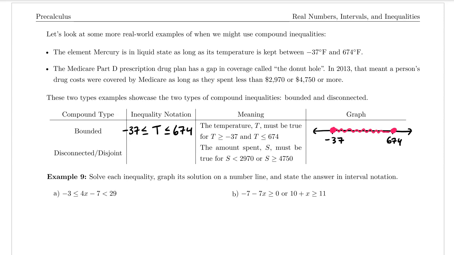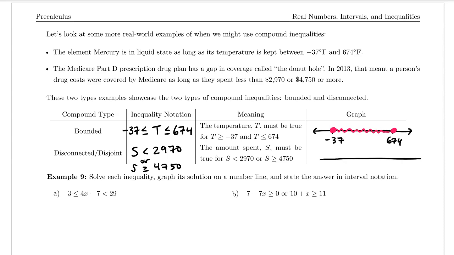And in the table, if we put that in inequality notation, we would write S, if that's the cost, we would say S is less than 2,970, or S is greater than or equal to 4,750.